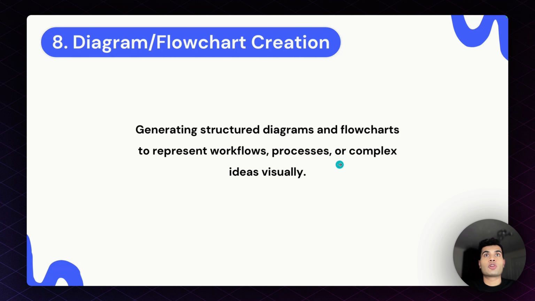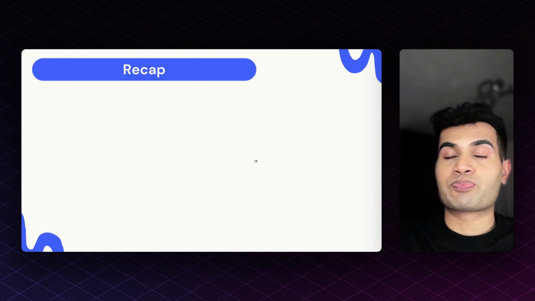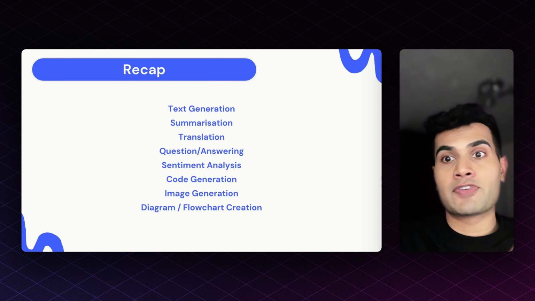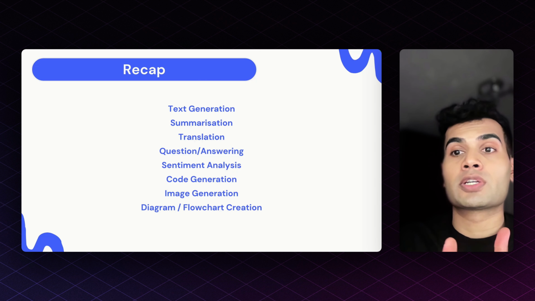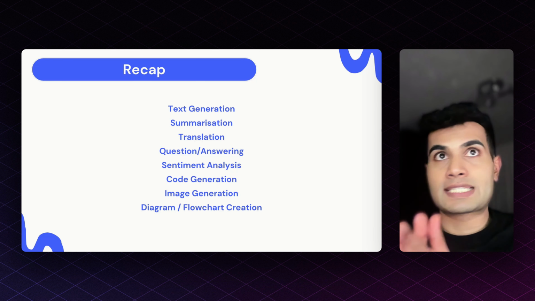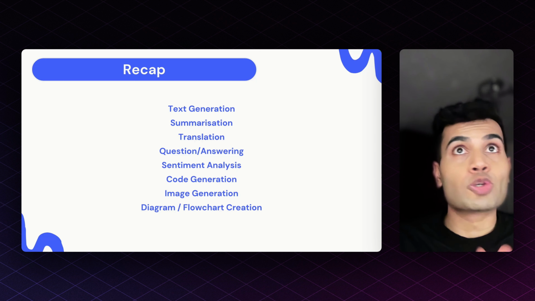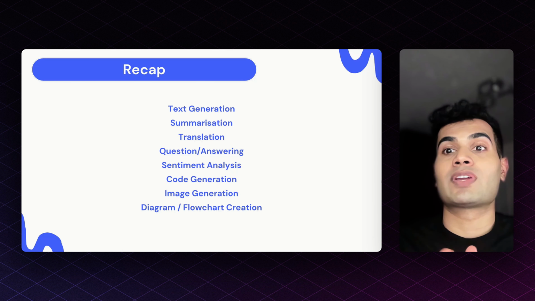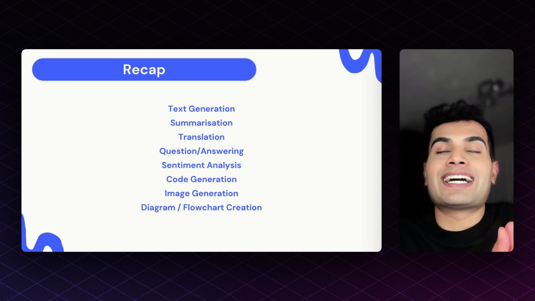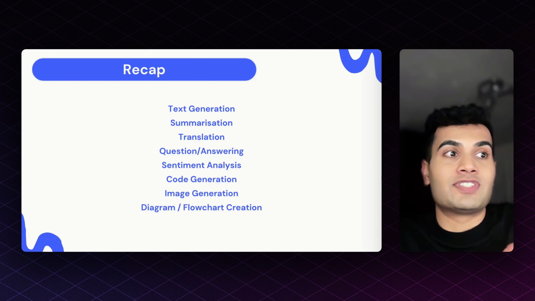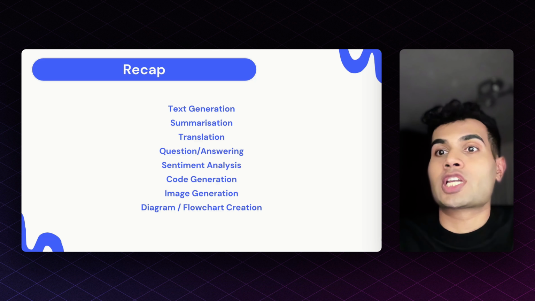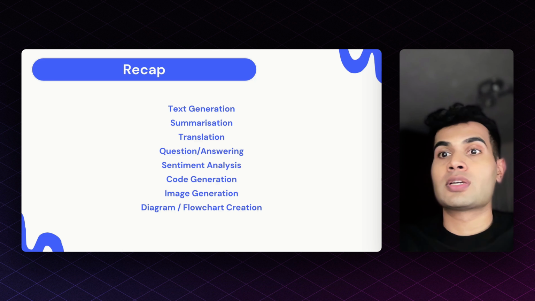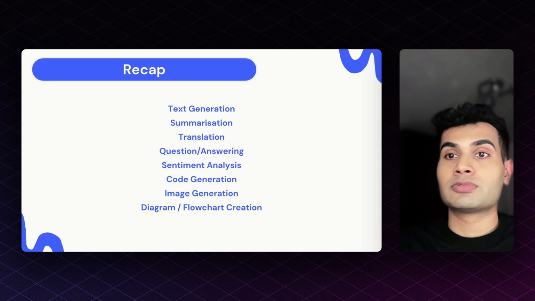So now the final piece, the recap. We saw that AI, specifically generative AI, was able to do for us text generation, summarization, translation in multiple languages, answering different types of questions, complex questions, giving us rich outputs, sentiment analysis of different transcripts, code generation in multiple different languages, image generation, as well as finally diagram and flowchart creation with so much ease, right?